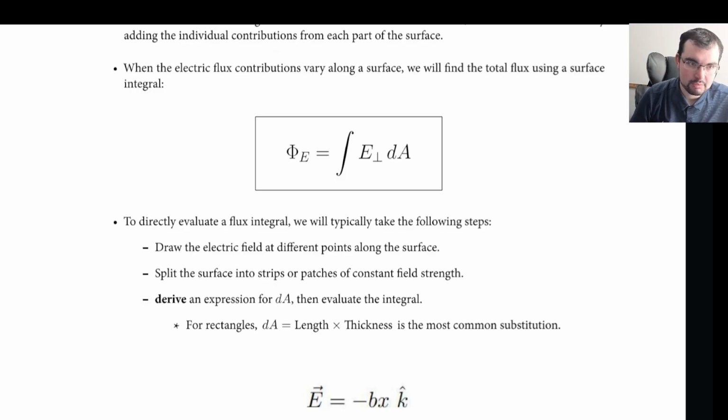So what we do is we chop up the surface into a bunch of different area slices and find the flux through each piece and add them up. So instead of thinking of just a single surface, we cut it up into patches, usually either patches on a sphere or these little vertical strips if we have these rectangular loops.